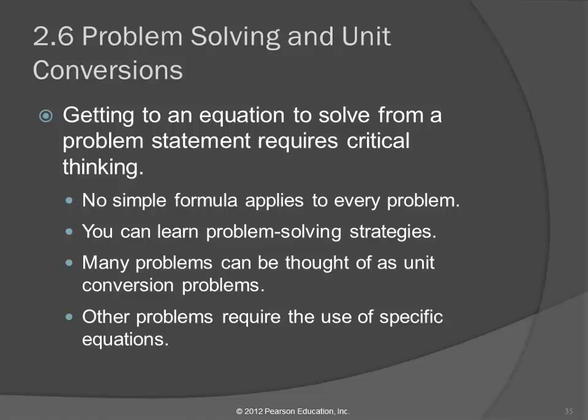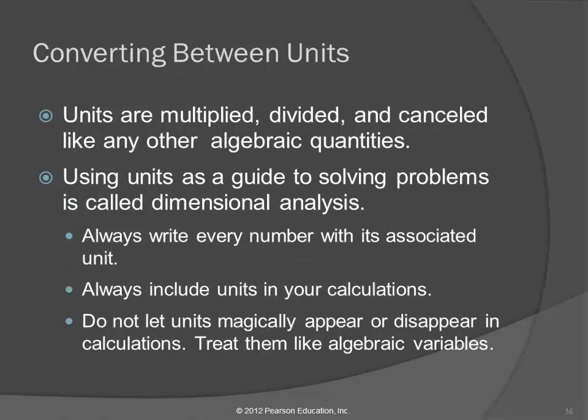Many problems that we do in chemistry can be thought of as unit conversion problems. Others are going to require specific equations. And so there's those 2 basic types, unit conversion problems and problems requiring equations. So we're going to talk about the unit conversion problems. Units can be multiplied, divided, canceled, just like any other algebraic quantity.